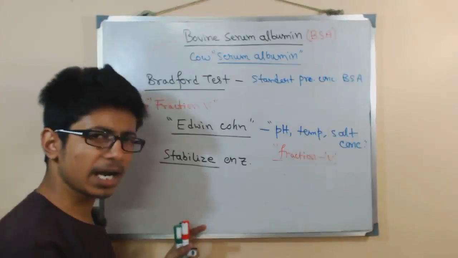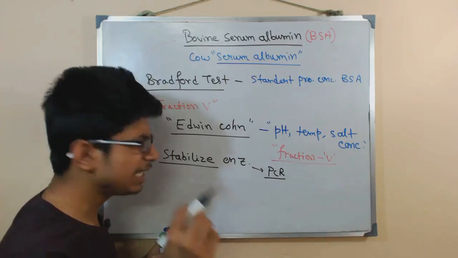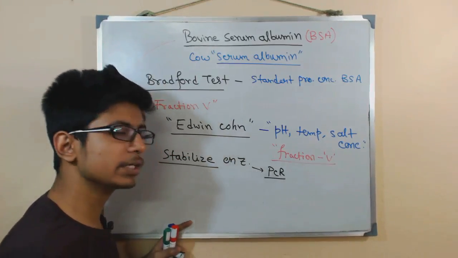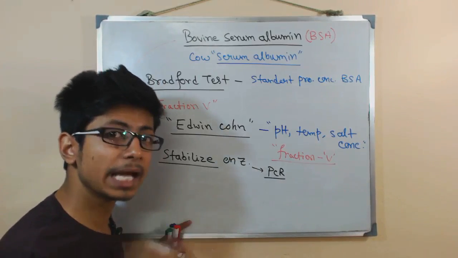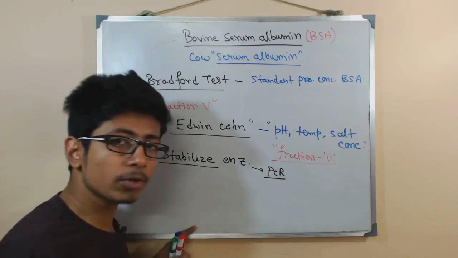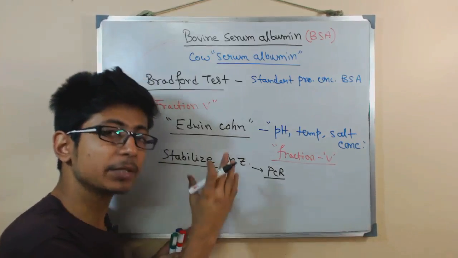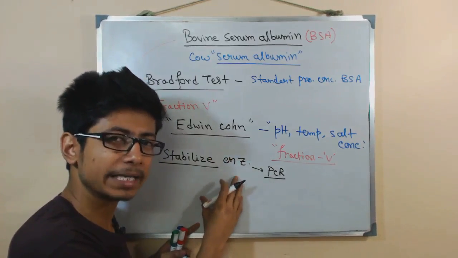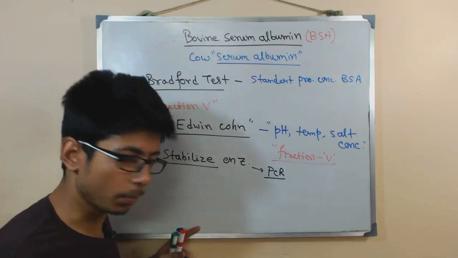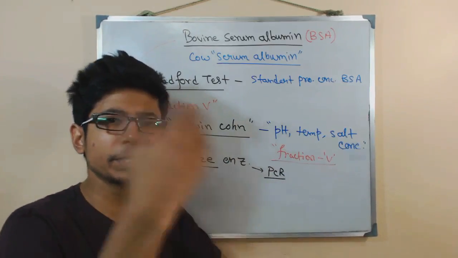During PCR, or polymerase chain reaction, we add a little BSA to certain enzymes, and in some other processes also we can add BSA to stabilize them. BSA will not interfere with the enzymatic activity, but it will stabilize the enzyme against breakdown by temperature or pH change. That's very important for PCR because PCR goes through a lot of temperature shifts all the time.